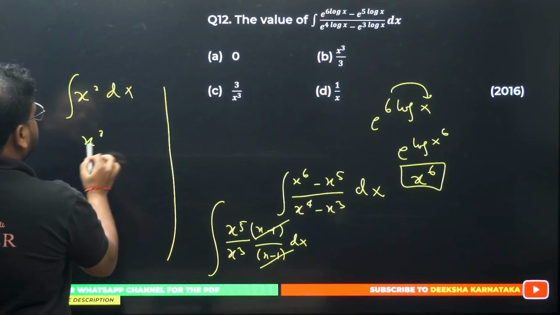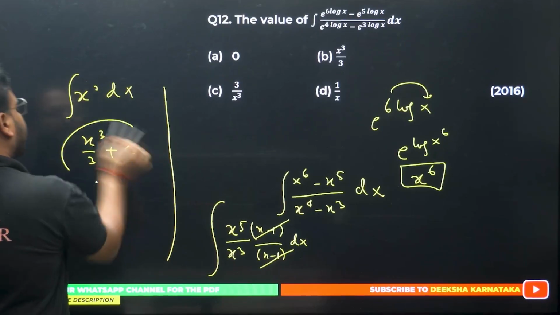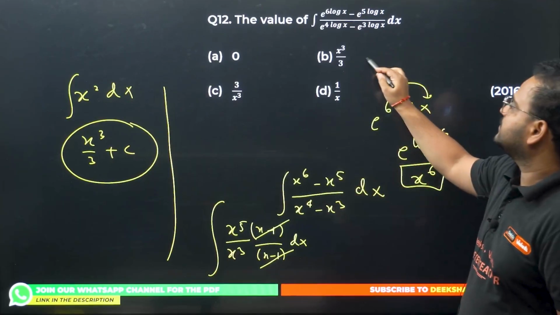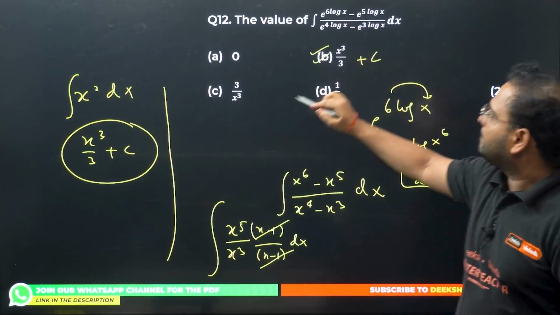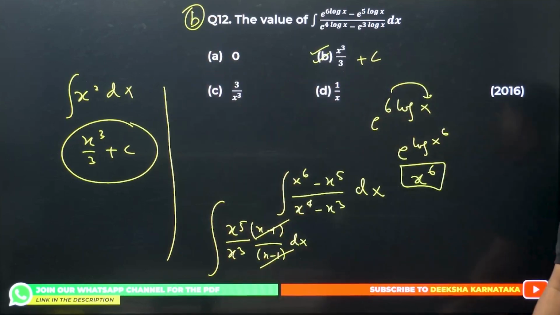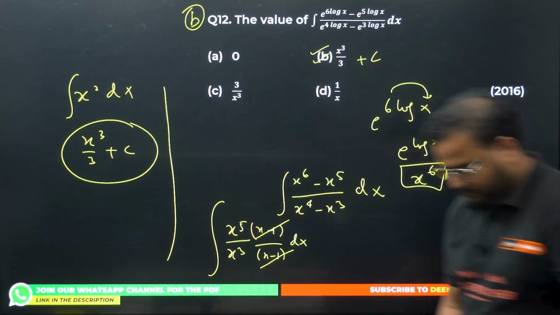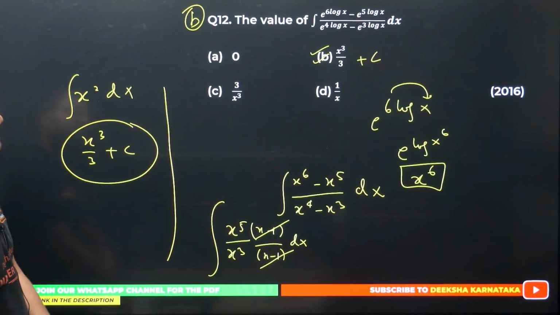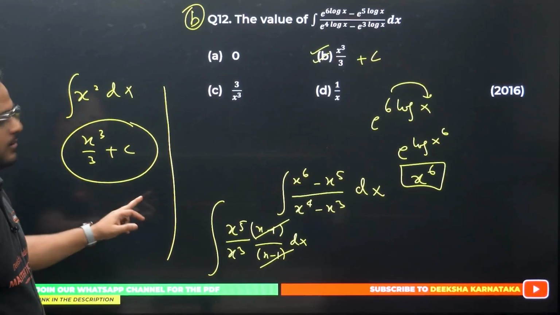Answer is x cube by 3 plus c. Please check. Plus c, of course. Simple enough, fair enough, easy enough, right?